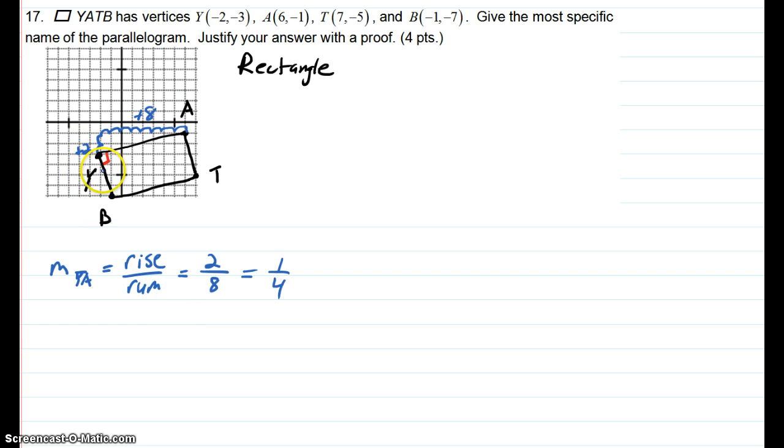So now we want to find the slope of YB. Now we don't want these two slopes to be the same because we want perpendicular. So perpendicular slopes are when we have opposite reciprocals. So let's go ahead and find the slope of YB, and then we'll take a look.